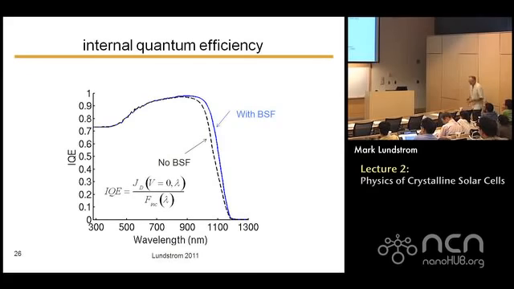Now, here's a common measurement that people will do: they will take the device at short circuit and shine an incident flux of photons at a specific wavelength at the cell. And then they'll measure the current that they get. The ratio of the current that comes out divided by the charge to the incident flux that came in is the quantum efficiency.